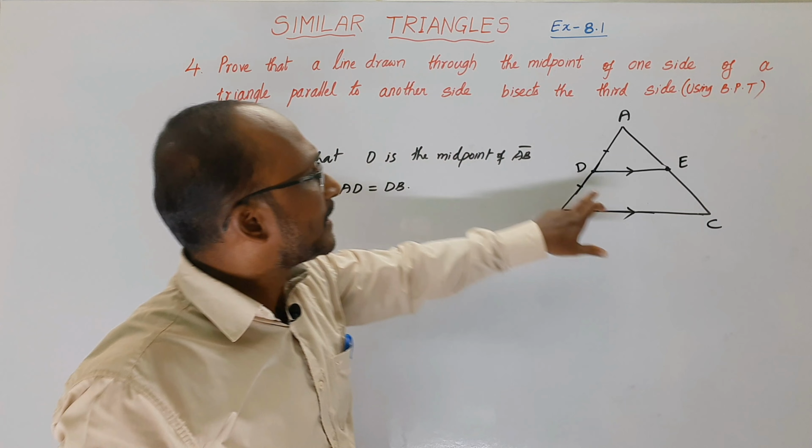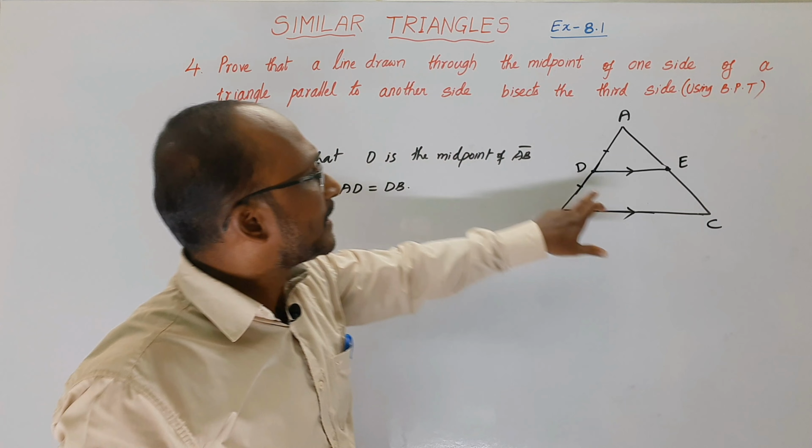By basic proportionality theorem, as DE is parallel to AC, we can say that BD by DA is equal to BE by EC. Let it be the first condition.